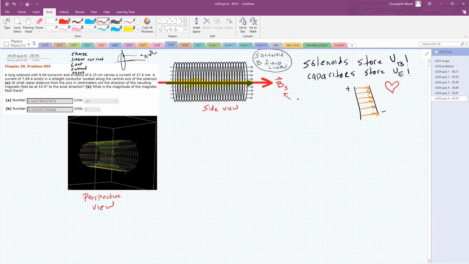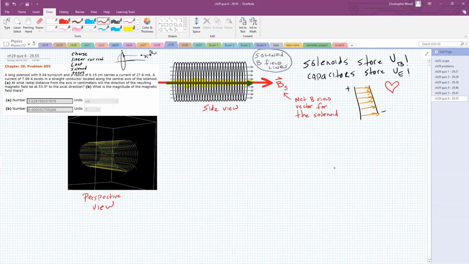This is the net magnetic field vector for the solenoid. Okay. So hopefully this is making sense and you're following it and the visuals help.